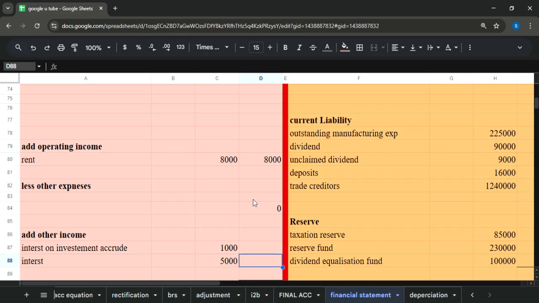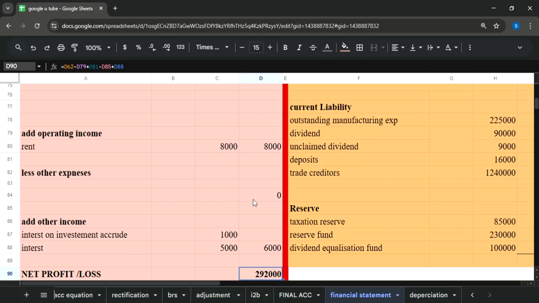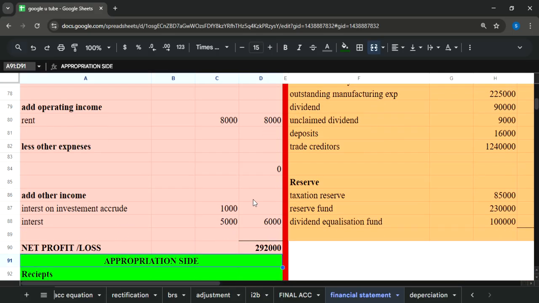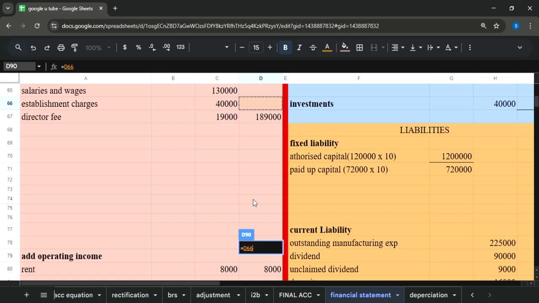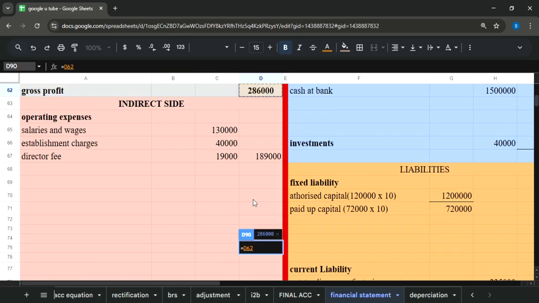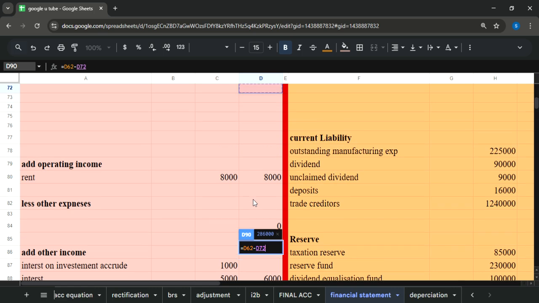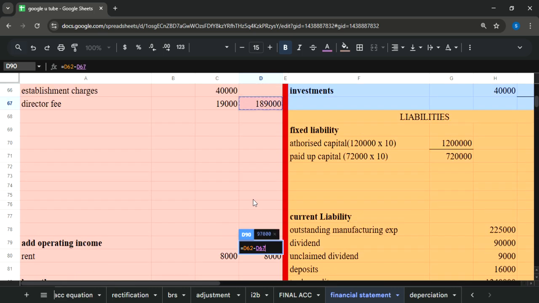Completed. After that, operating income, there is only one, 8,000, and no other expenses, you can mention 0. Two other incomes, both are interest, you will add. So guys, you can see that all of the amounts have been written. First this was your gross profit. Now you will subtract operating expenses 189,000.